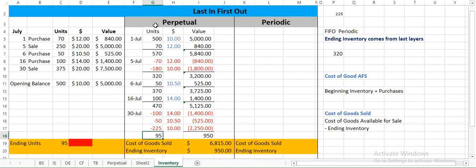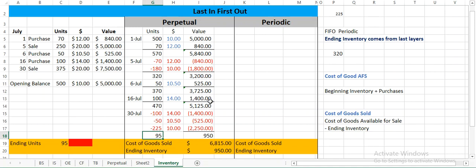The only thing is, as we are calculating our balance after every time, when we come up to a sale, our sale needs to go from the last cost, 12, to 10. In this instance, it was 14 to 10.5 to 10 because, like I said, this is already completely used up. And that's how we got it.